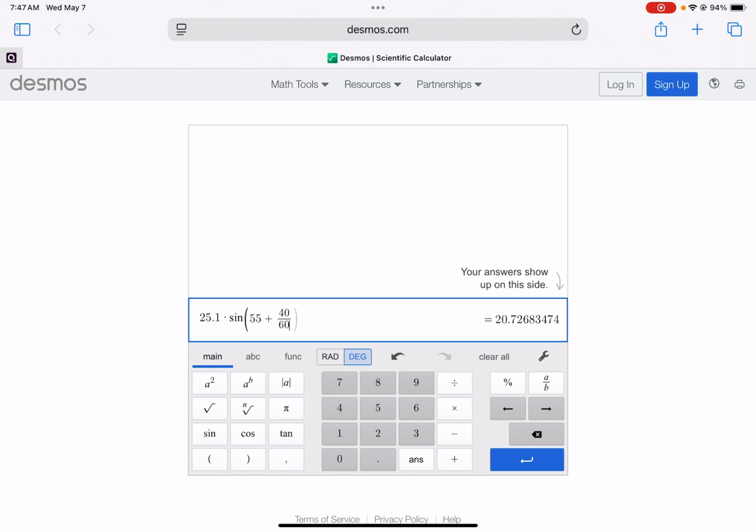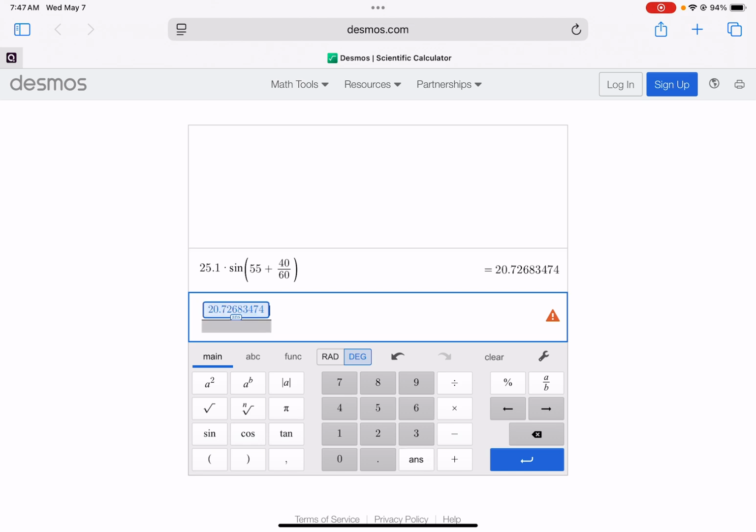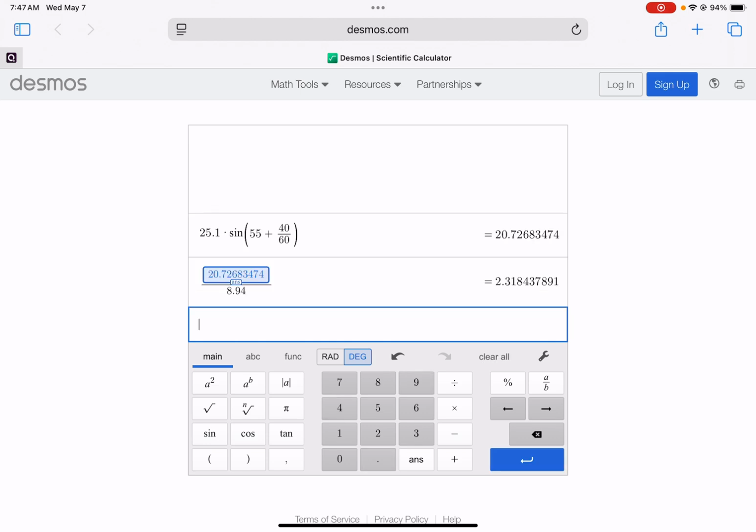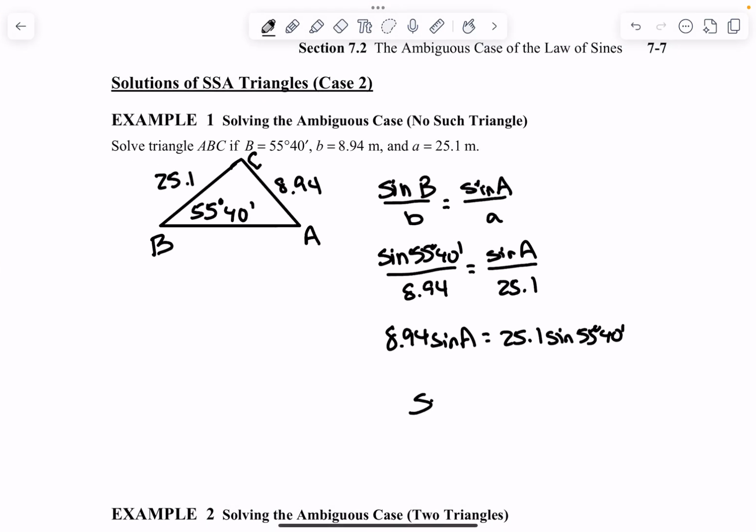I'm just going to let my calculator do that conversion. And then we'll divide that by 8.94. And we get the sine of A, excuse me, is 2.318.